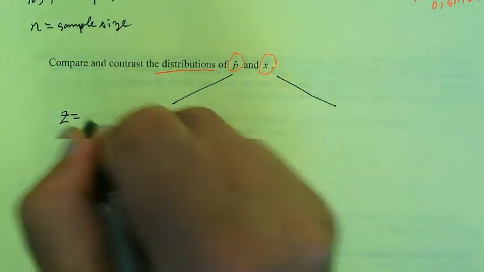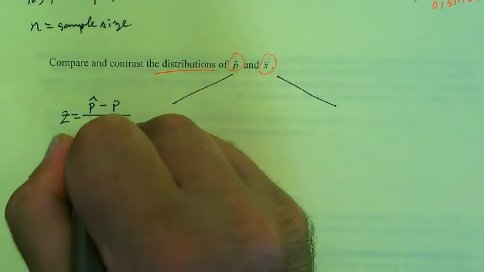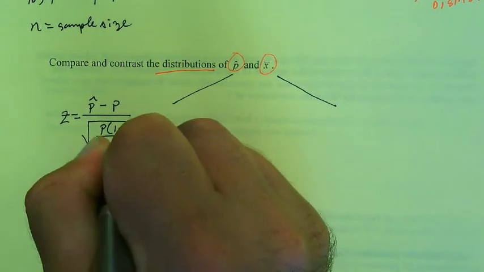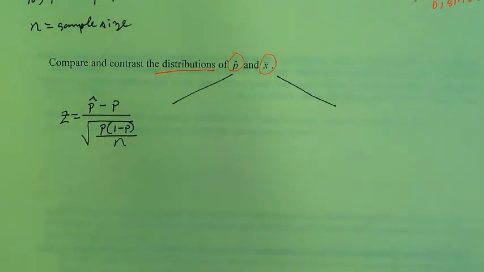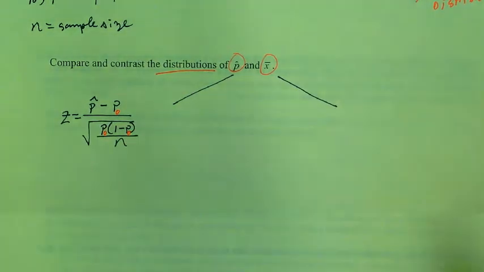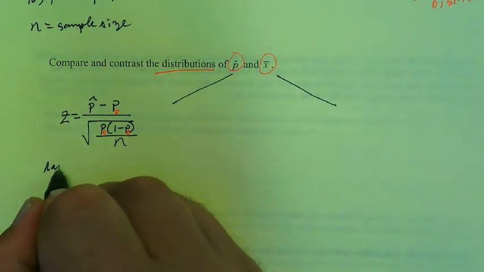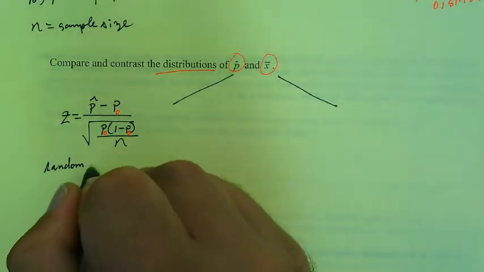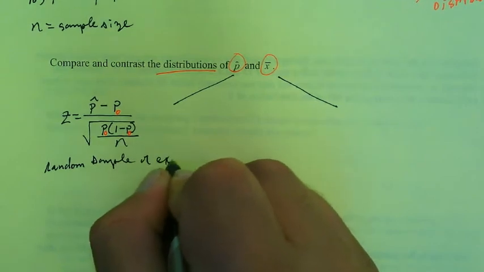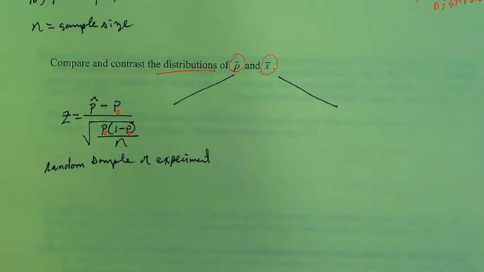That z-score would be P hat minus P all over the square root of P times 1 minus P all over N. Sometimes you will see this written with the P naught, a little subscript of 0. And what do we need for this? We need random samples or experiments. It needs to come from a random sample or random experiment.